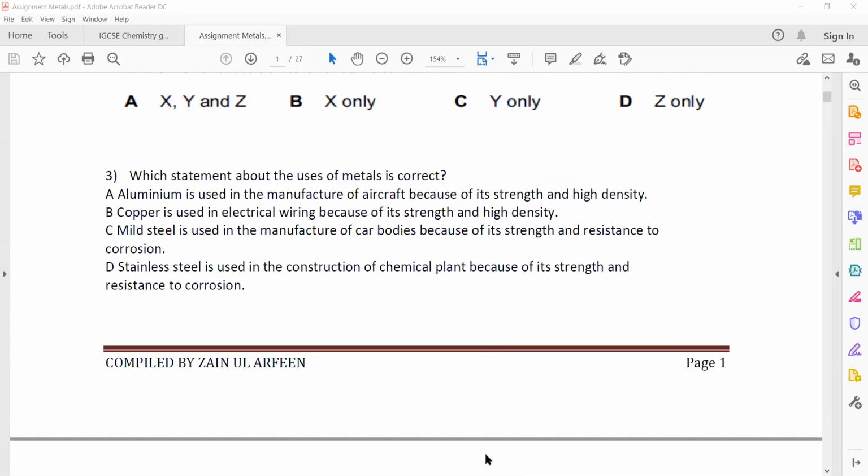Everyone should participate. It's not an issue even if your answer is right or wrong.